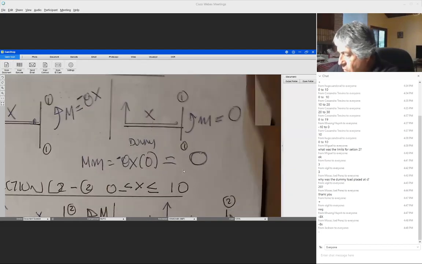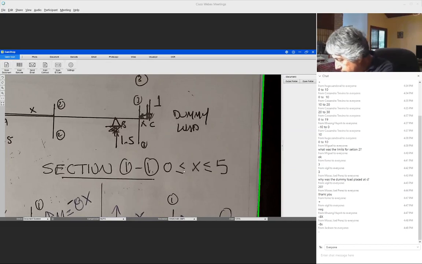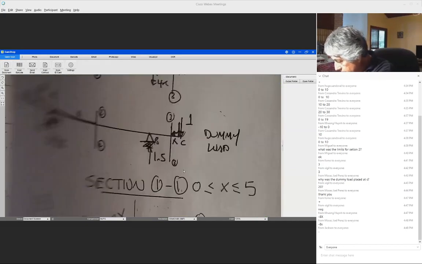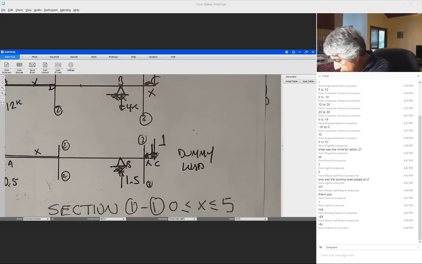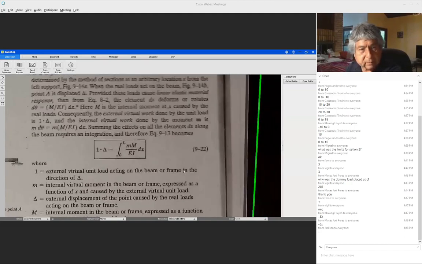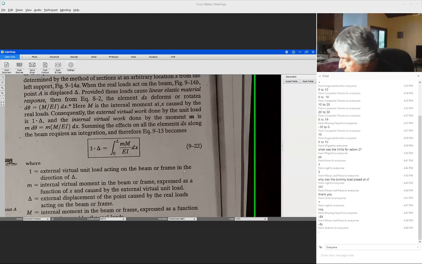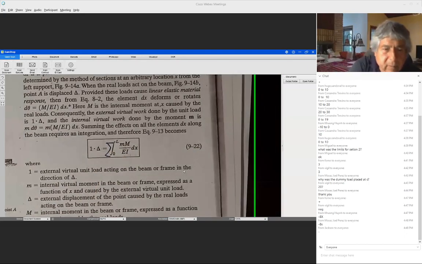So this formula is going to be the summation of all integration over the length, the dummy moment, the given load moment. If this is zero, it will kill this portion.